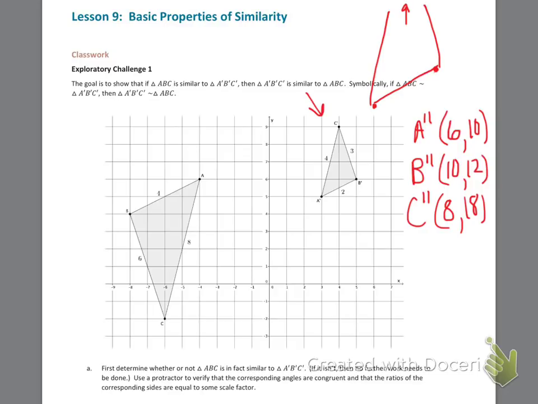So the translation I see would be this one here, and we can think about how to describe that translation. By counting, I see that it's 10 units to the left and 4 units down. So I've translated my triangle there, and this was A, B, and C was up there.